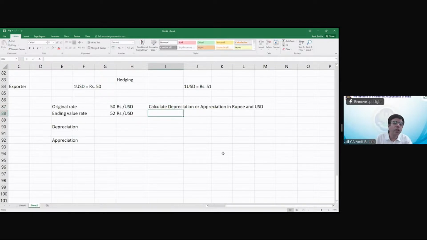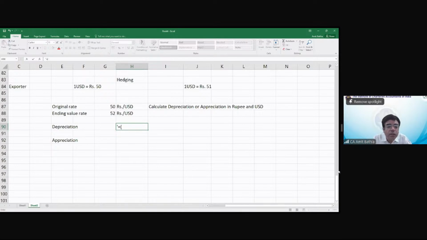Let's see, tell me, how much will the depreciation be, how much will the appreciation be? Sir, F minus S divided by S. Okay, so we are talking about... Yes, dear.